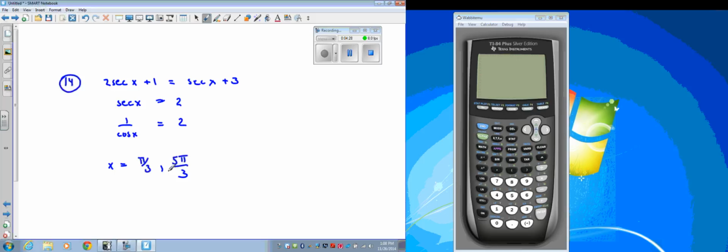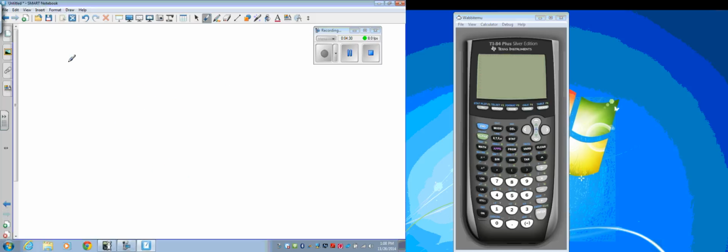Okay, 16 then is going to be secant squared plus 2 equals minus 3 minus 1. So I just get secant by itself.